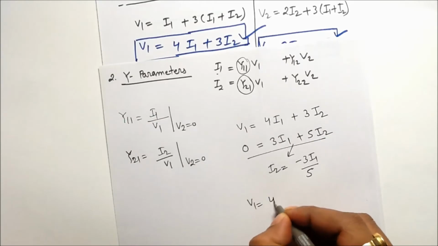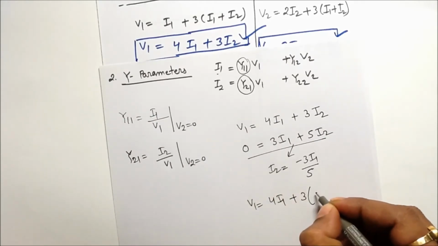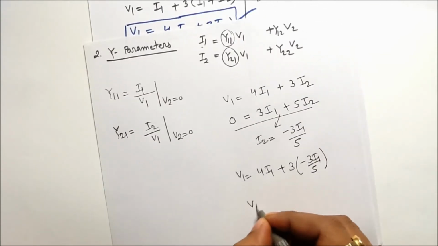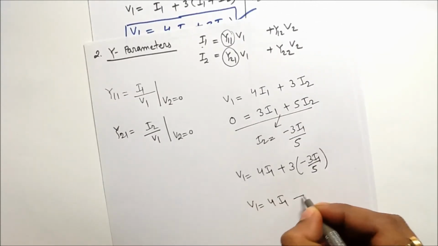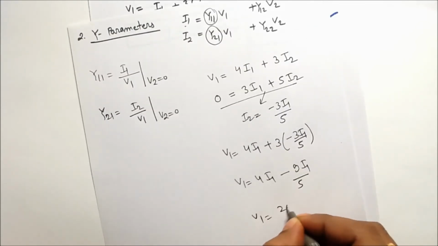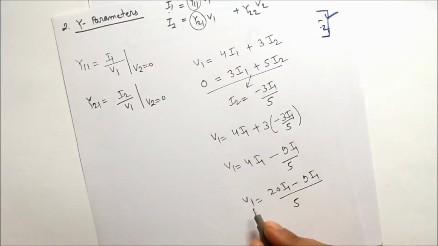So V1 equals 4I1 plus 3 into minus 3I1 upon 5. So V1 equals 4I1 minus 9I1 upon 5. So V1 equals 20I1 minus 9I1 upon 5.